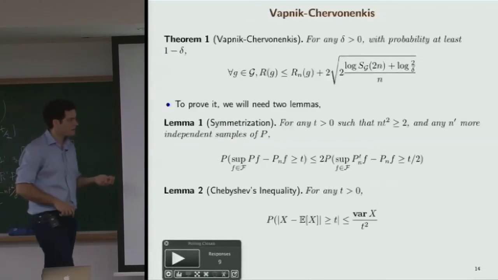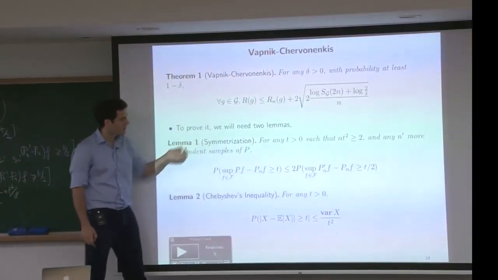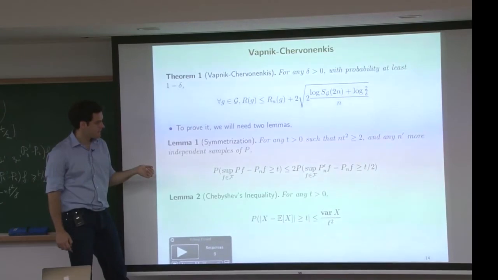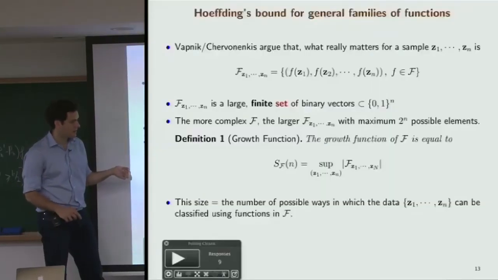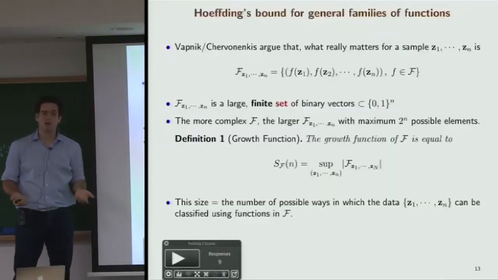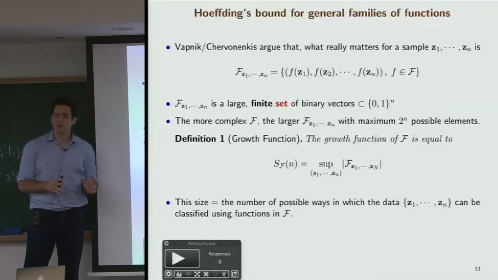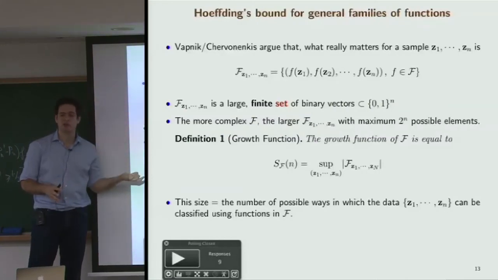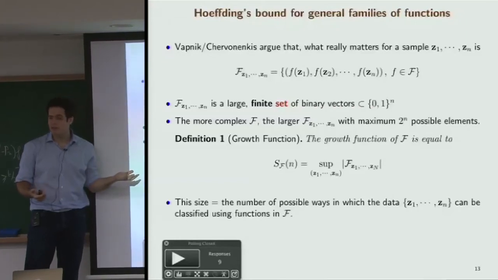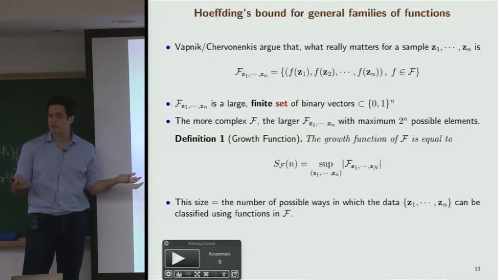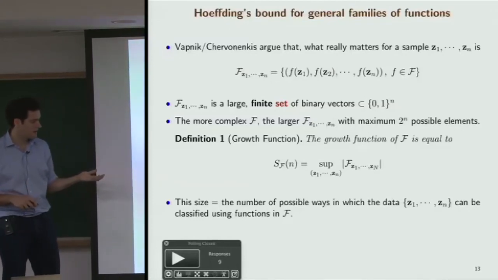If you look at all those bounds here, for instance at this quantity, it doesn't depend at all on the true probability of the data. Remember that a cornerstone of the construction that I've given so far is that there is a probability regulating the appearance of pairs z, x and y.